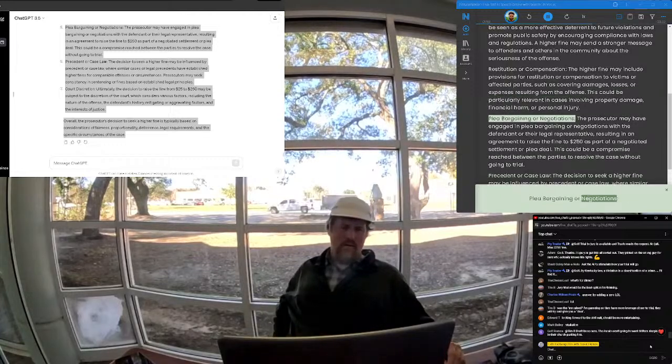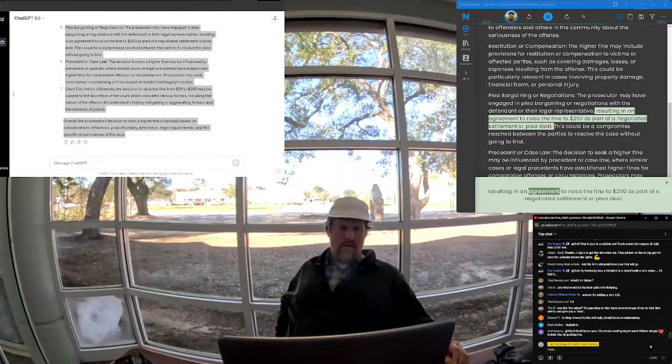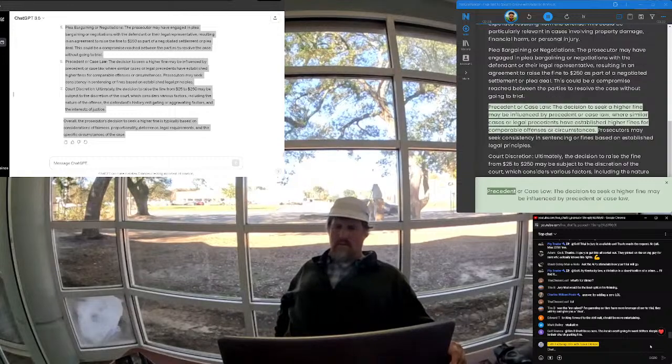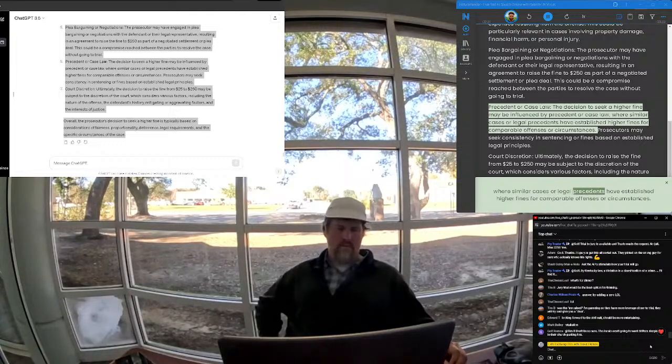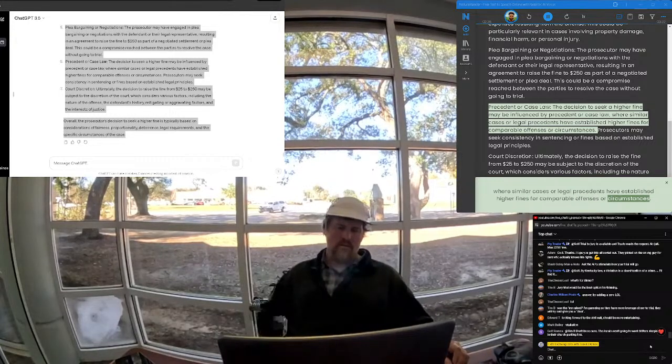Plea bargaining or negotiations. The prosecutor may have engaged in plea bargaining or negotiations with the defendant or their legal representative, resulting in an agreement to raise the fine to $250 as part of a negotiated settlement or plea deal. This could be a compromise reached between the parties to resolve the case without going to trial. Precedent or case law. The decision to seek a higher fine may be influenced by precedent or case law, where similar cases or legal precedents have established higher fines for comparable offenses or circumstances.